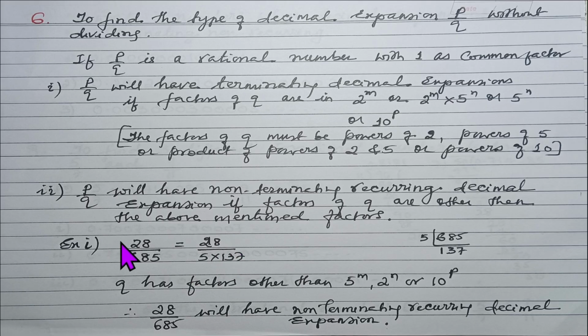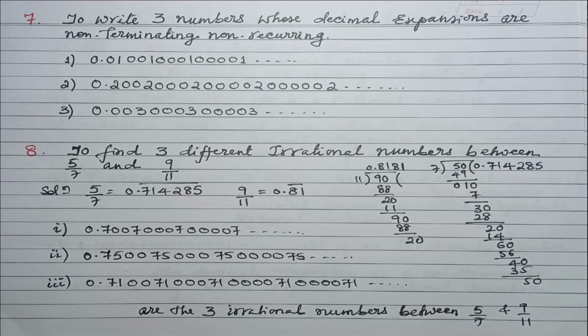Now if you observe here, 28 by 685 has the factors 5 into 137. 137 is a prime number and definitely different from 2, 5 and 10, and therefore 28 by 685 will have a non-terminating recurring decimal expansion. So for p by q, if you want to find the type of decimal expansion, just check the factors of q, apply these conditions, and then confirm what type of decimal expansion it will have.